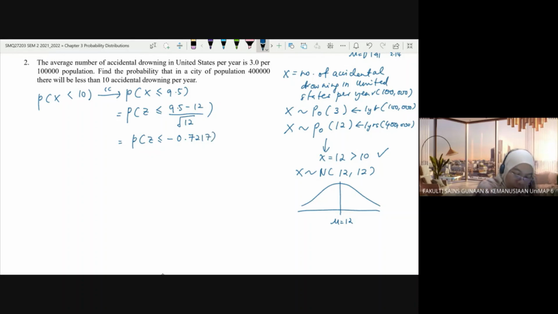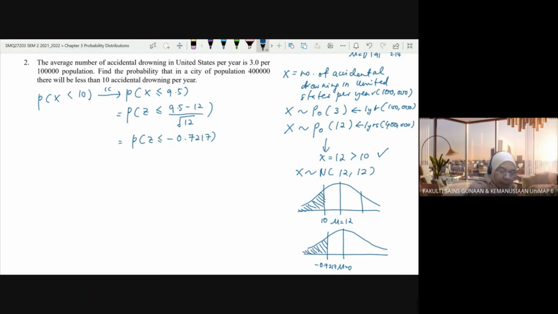So if you were to draw the standard normal, and you are looking for less than 10, so 10 is somewhere over here, less than 12. So let's say 10 is here, so this is where the probability that you are looking for. Okay, so if 0 is here, and you are looking for negative 0.7 and less, so this is where negative 0.7217 is located, and this is where the probability value that you are looking for.